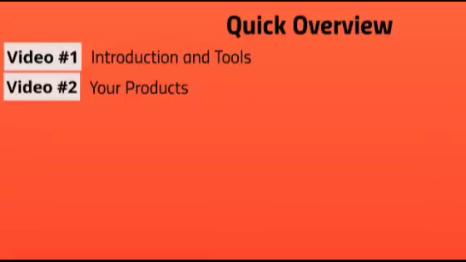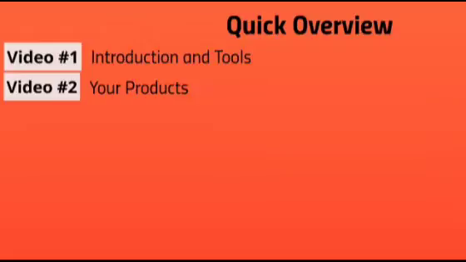Video number 2, we're going to talk about your products. You really need to have an idea of what you're selling before you set up your digital membership site. And the reason why I say that is because a lot of people buy the membership script and they want to set it up right away, and they don't really know what the plan is.